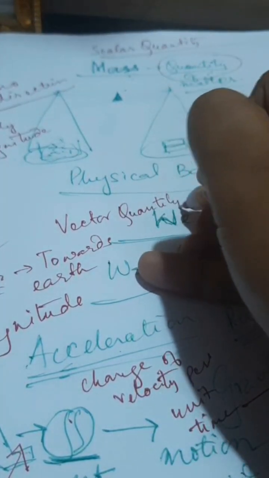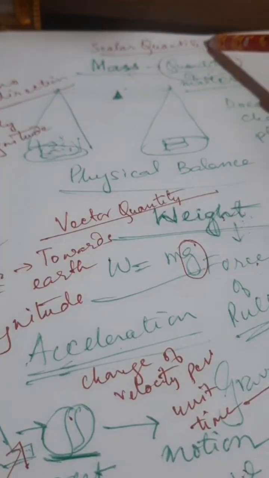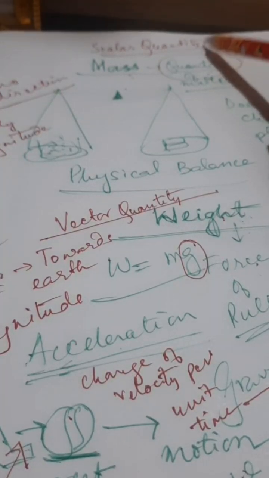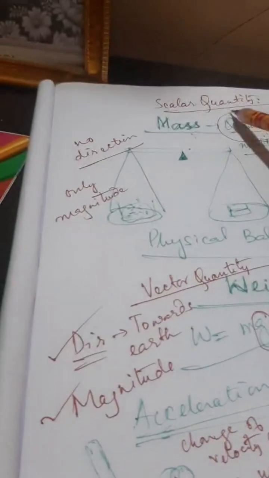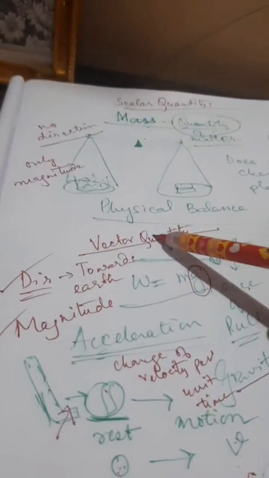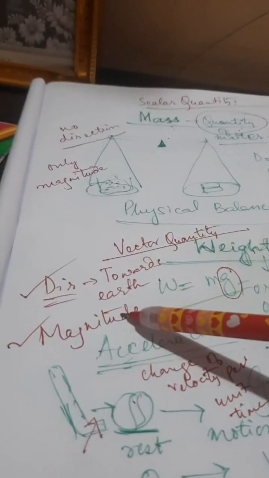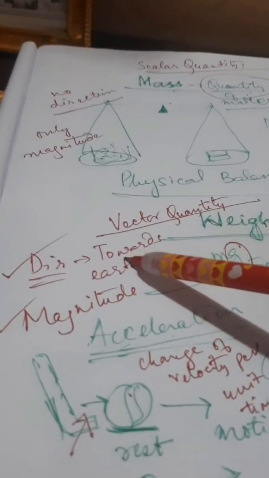Let me tell you the definition in a very short manner. Scalar quantity is a quantity which has only magnitude and no direction, and vector quantity is a quantity which has both magnitude and direction.